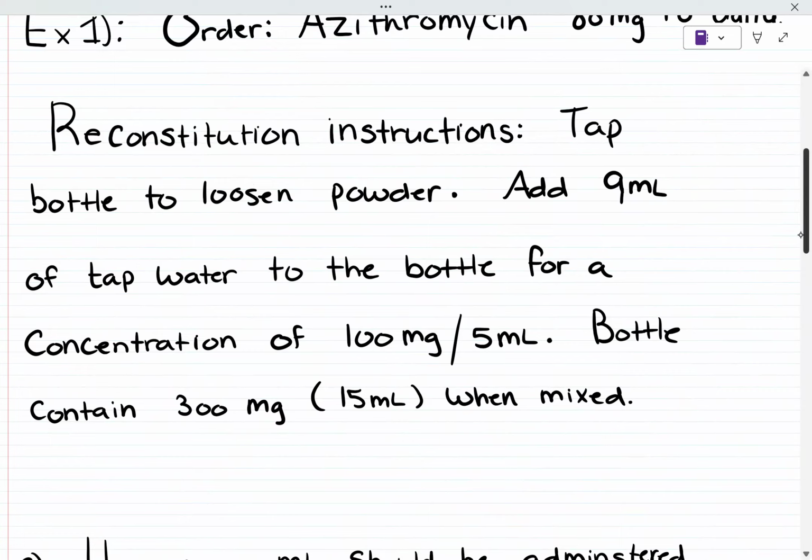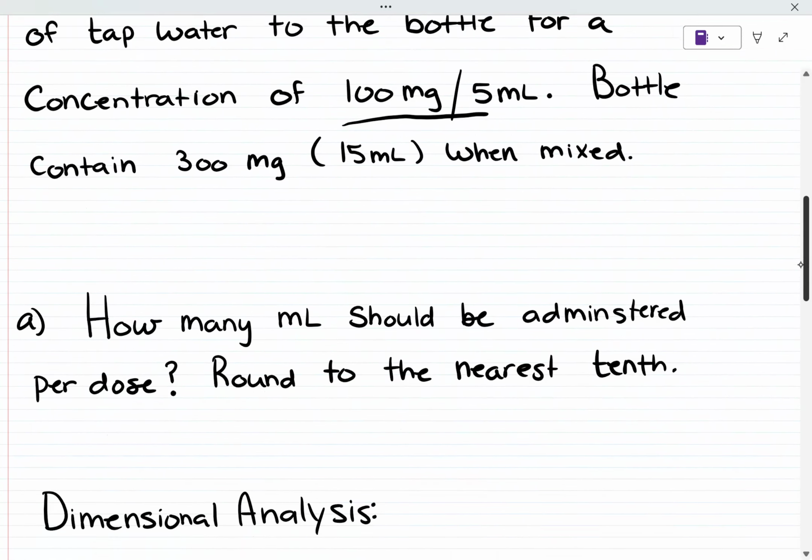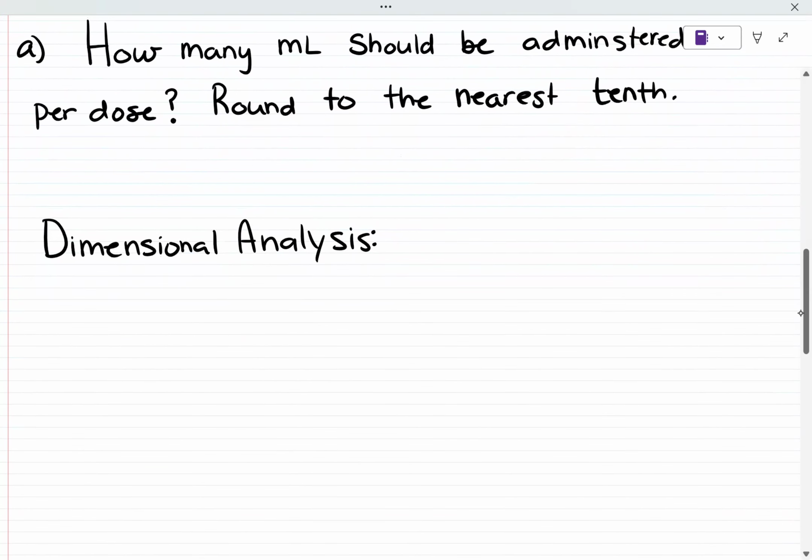So I don't think we need to do an extra conversion. We don't need to worry about the add 9 milliliters of tap water. So let's start with dimensional analysis.